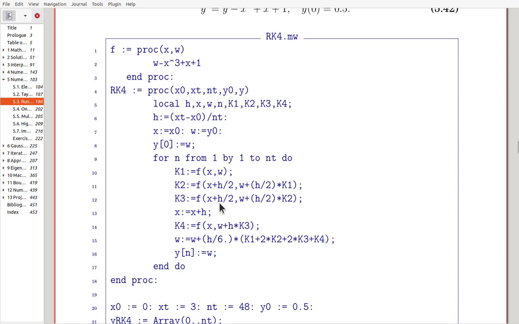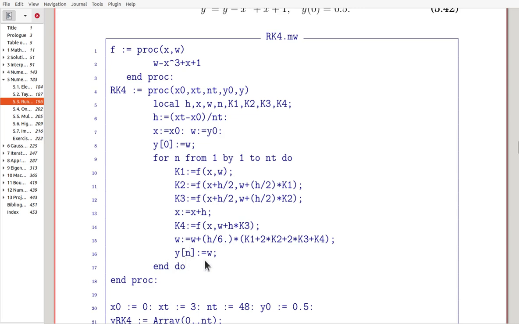Again, at the midpoint using K2, the y value is predicted and K3 is evaluated. Now after matching, that becomes xn plus 1, and at xn plus 1, the right edge point, using K3, K4 is evaluated. After evaluation, we have the update, which will be the y value approximation at the new level.